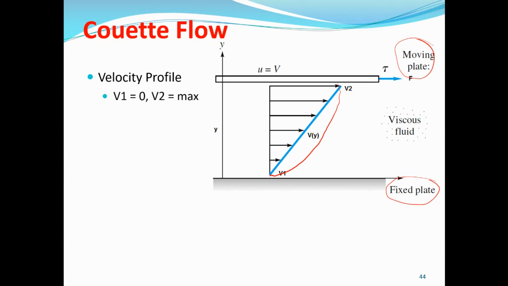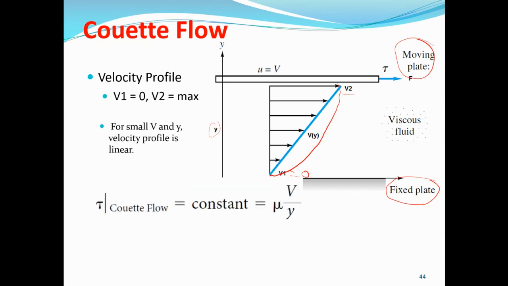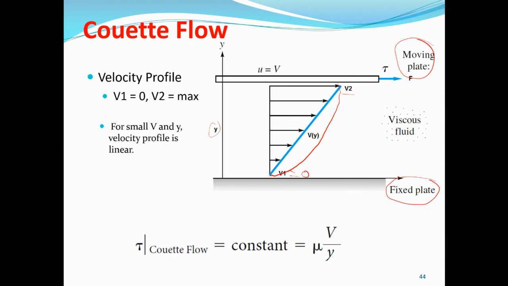In that case, V1 equals 0 because it is at the bottom, and V2 is the maximum velocity here. For small velocity and small depth, the velocity profile is linear. And in Couette flow, the shear stress is constant.